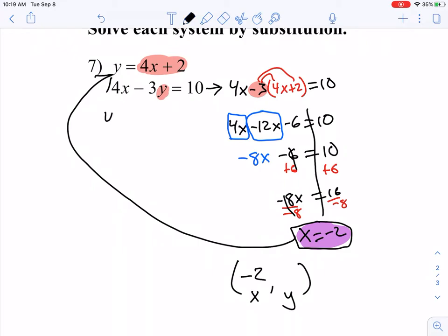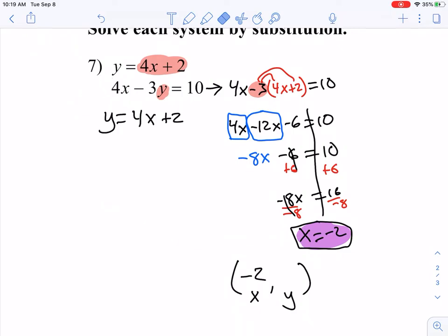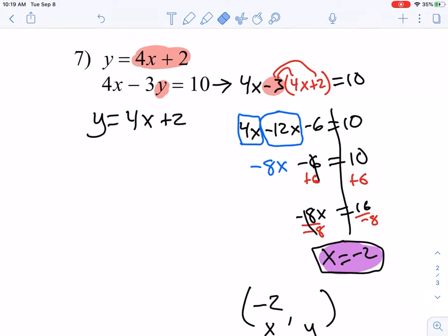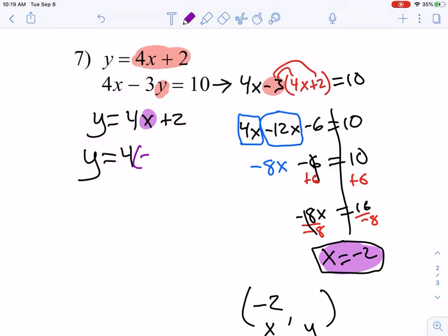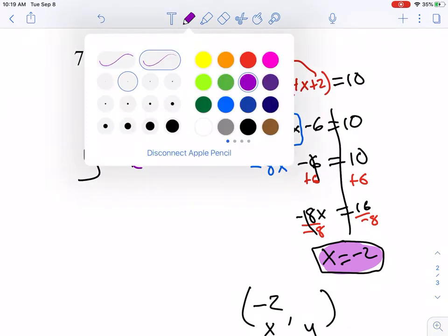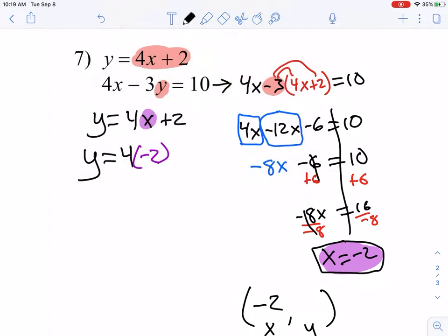So if I were to take y equals 4x plus 2, and I guess you wouldn't really have to write the x in here. You could substitute it. But now, instead of x, and I'll highlight this in purple, instead of x, I'm using the value that I found, -2. So y equals 4, just stick with purple here, times -2. That's not 4 minus 2, that's 4 times.